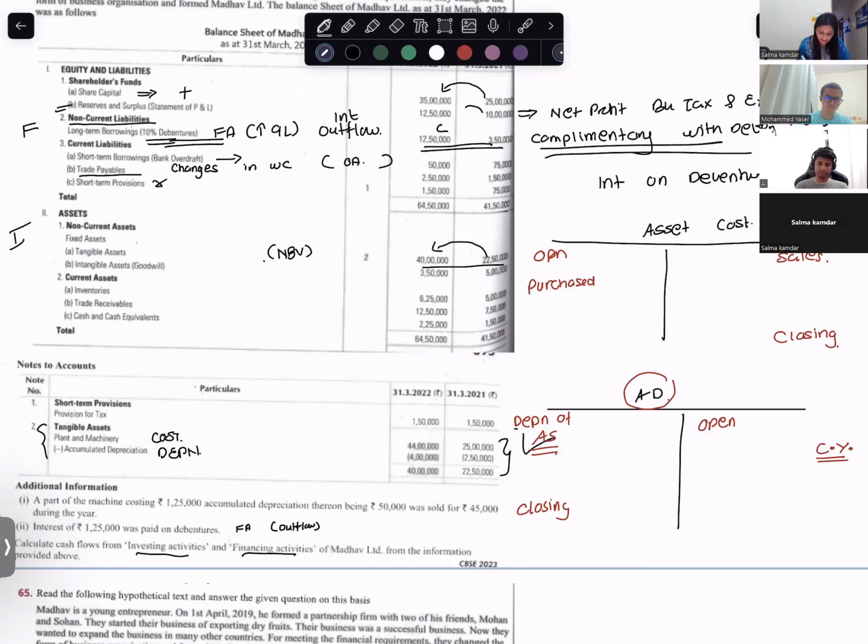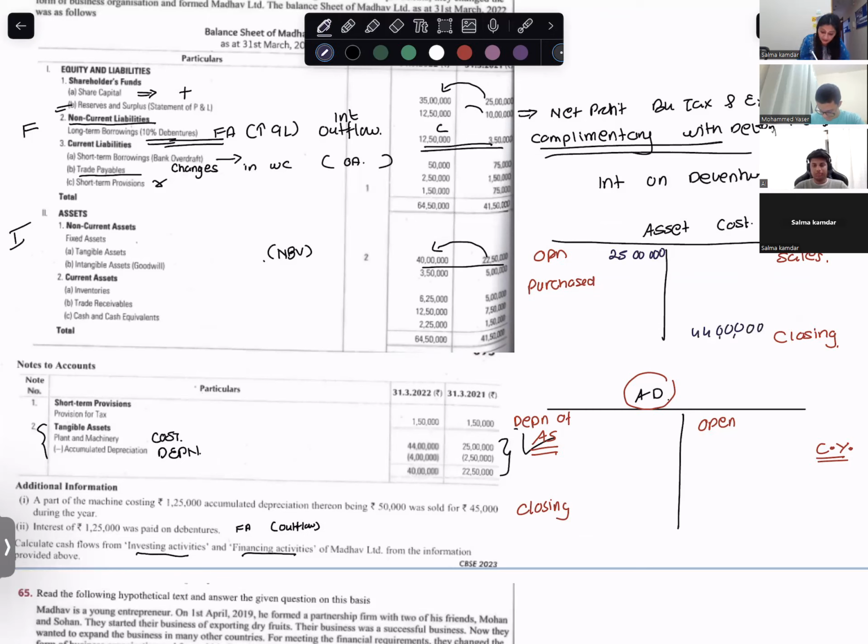Come on, let's see. Plant and machinery. Opening balance is how much? 25 lakh. Please make it along with me. Closing balance is how much? 44 lakh.